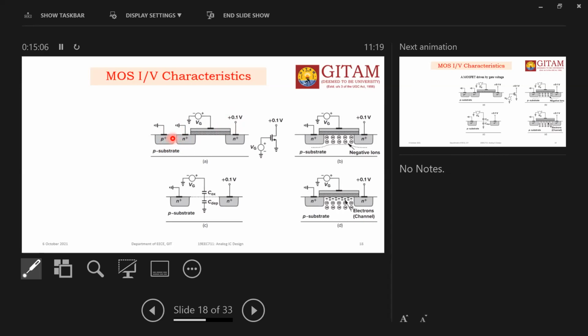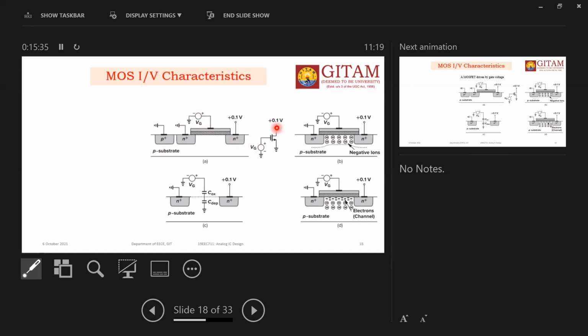The basic concept in the design process is that the source terminal and body terminal of the MOSFET are tied together and connected to the ground. Clear? So this is the VG, the gate potential. This potential is responsible for the establishment of the channel between the source and drain. Only this one is acting, none of the others.